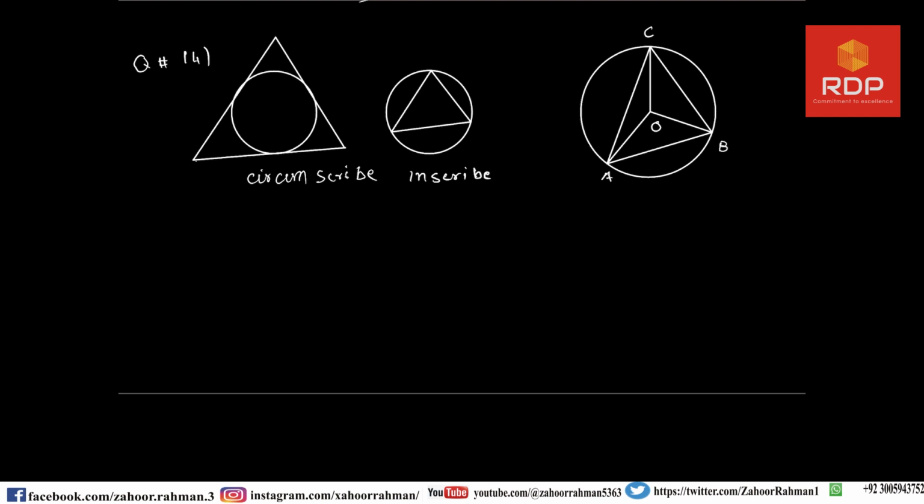Let us see that first they are telling us that CBO, which is this angle, is twice of this angle CAO, and it looks like this is double of this one, the left side angle is the smaller one.